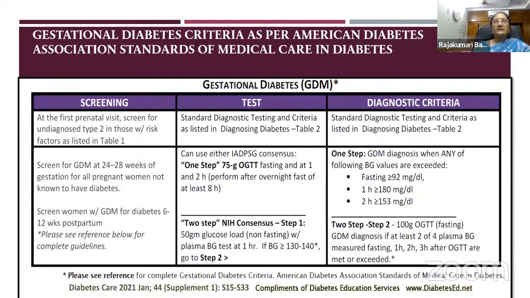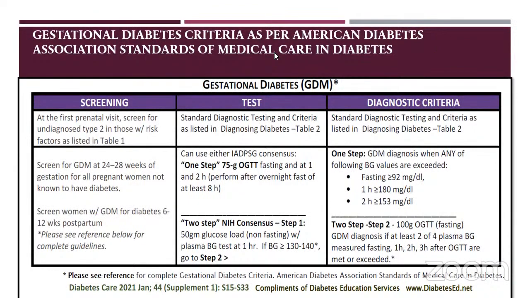Gestational diabetes criteria as per the American Diabetes Association standards: screening is at the first antenatal visit, to screen for undiagnosed type 2 diabetes in those with risk factors, or at 24 to 28 weeks of gestation for all pregnant women not known to have diabetes.